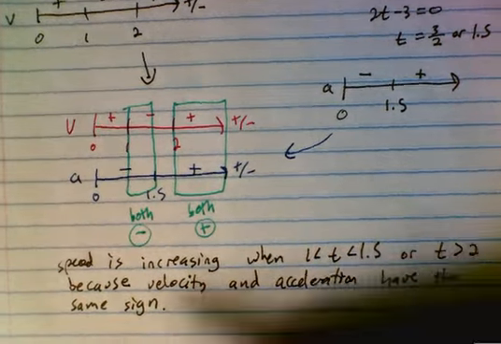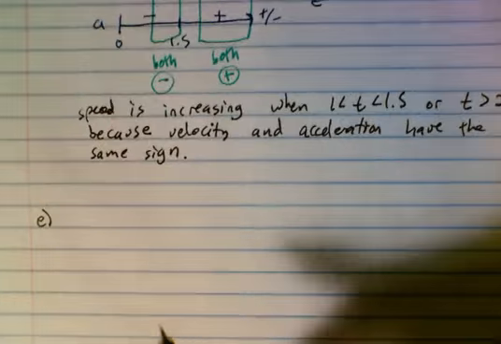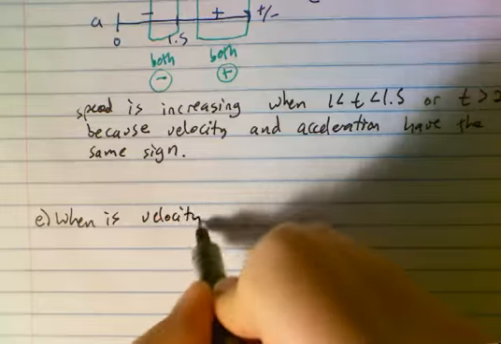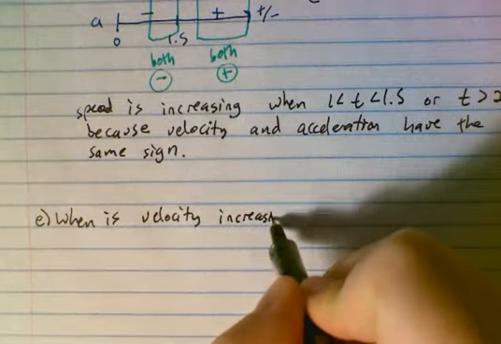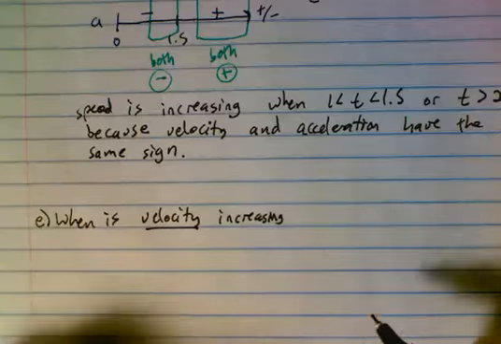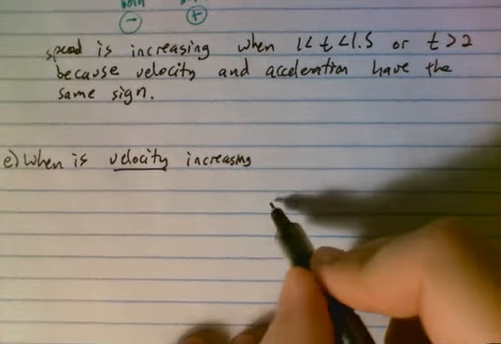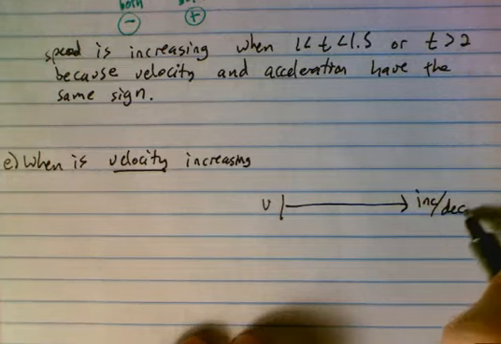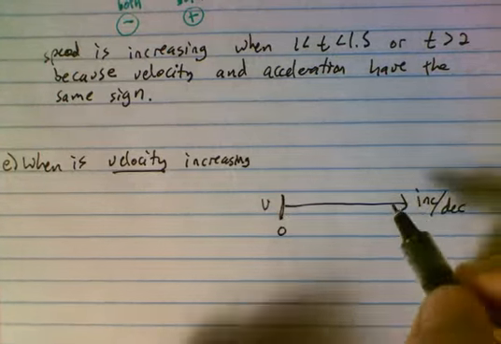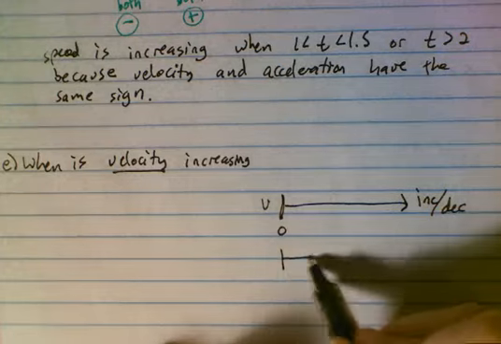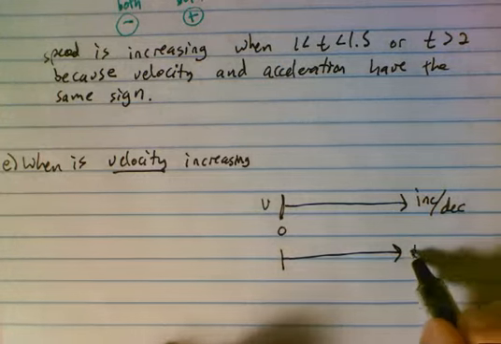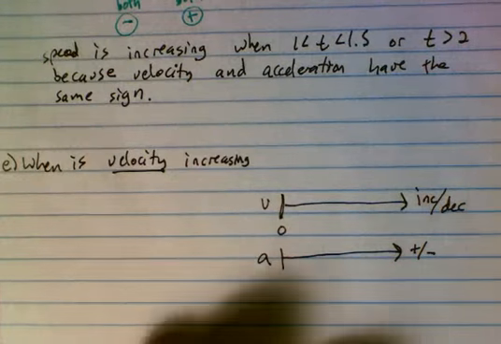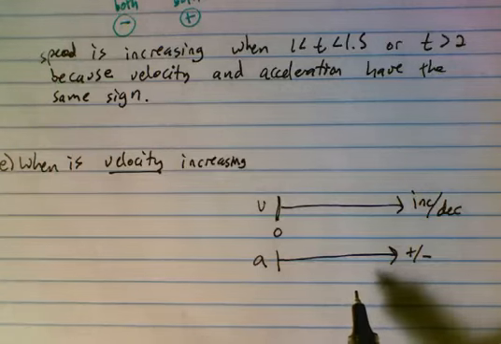Notice that this is a very different problem than if we asked, when is velocity increasing? This is just a straightforward one. Velocity increasing to decreasing, starting at 0. So we don't know about increasing, decreasing directly. We need to find something that's positive or negative. The derivative of velocity is acceleration, so we need to find when acceleration is positive or negative.